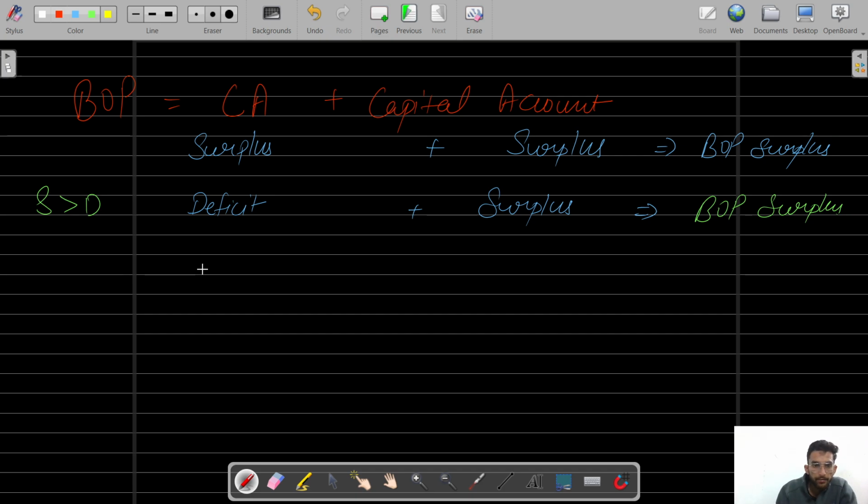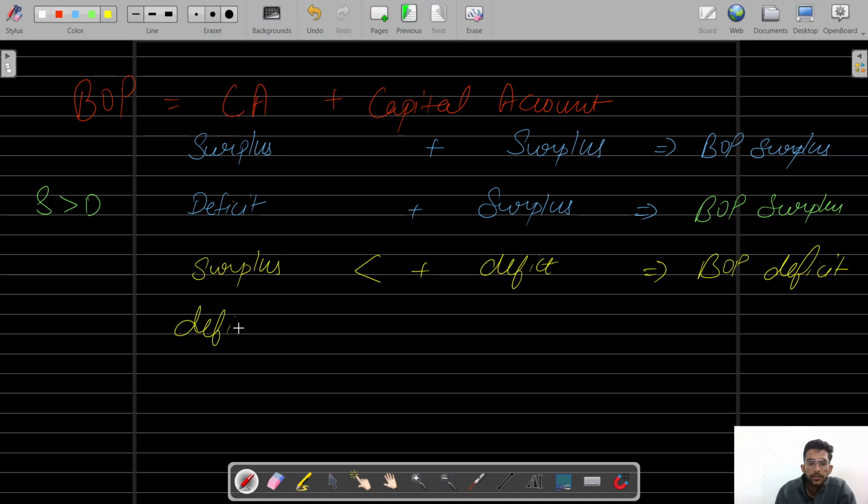When there is surplus in the current account and deficit in the capital account, and the deficit is greater than the surplus, then there is balance of payment deficit. When there is deficit in both accounts, then there is balance of payment deficit.